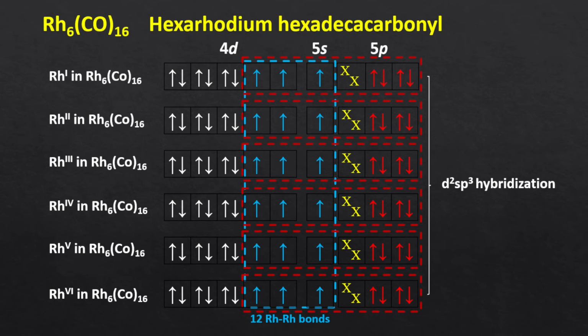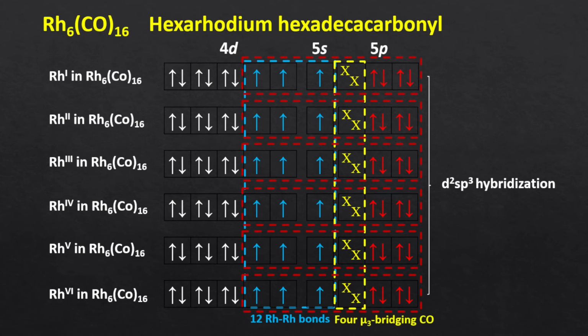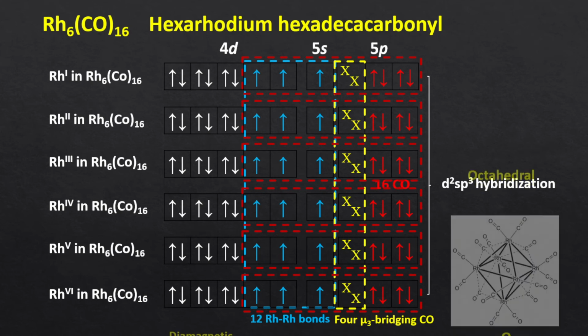The other odd electron of each rhodium atom from d2sp3 hybrid orbital is shared with 4 mu3 bridging carbonyls. Moreover, there is no unpaired electron, so this complex is diamagnetic and the point group of this complex is Oh.